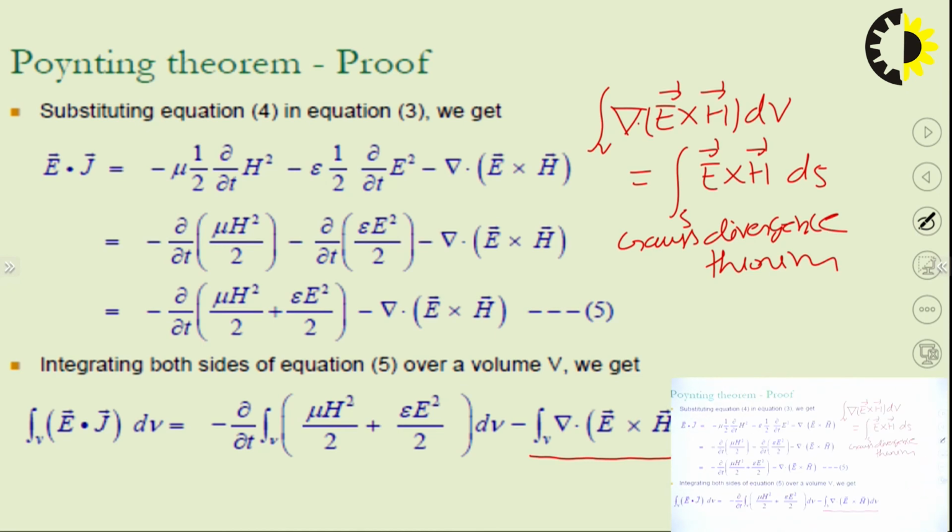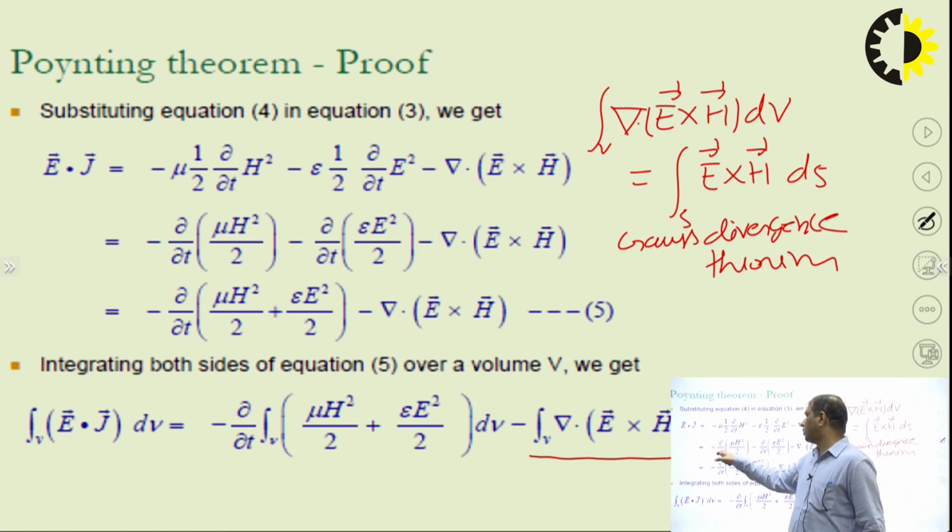We will get this form. E dot J is equal to minus mu half d over dt H square minus epsilon half d over dt into E square minus del dot E cross H. So this can be written as E dot J is equal to minus d over dt mu. We can take this mu inside the differentiation.